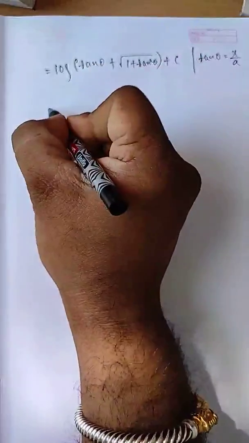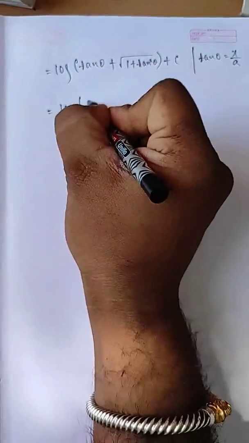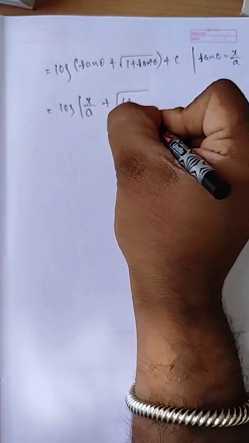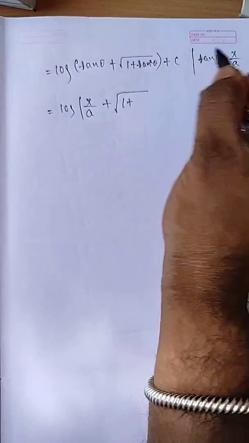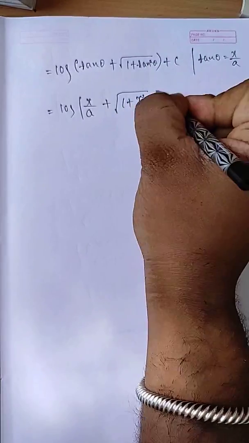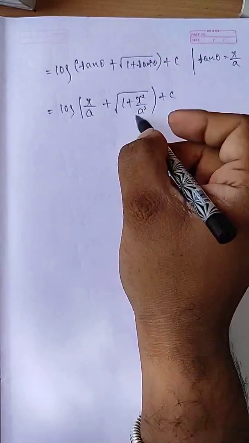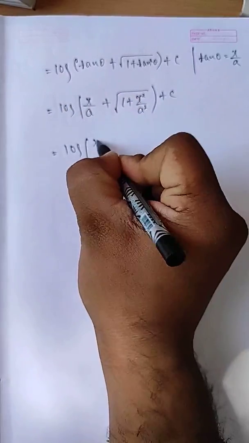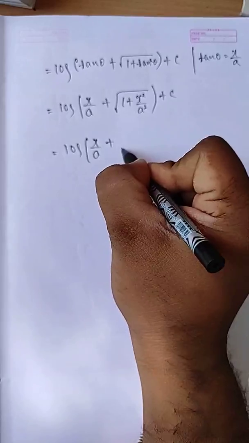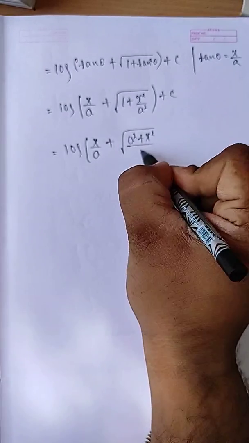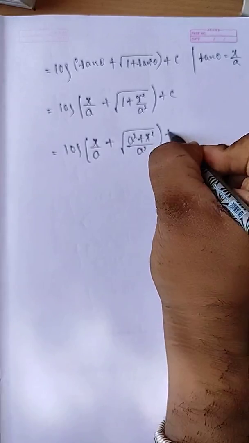I am replacing it now: log of x by a plus root of 1 plus x square by a square, since tan square theta means x square by a square, plus c. Now take an LCM. Log of x by a plus root of a square plus x square by a square plus c.